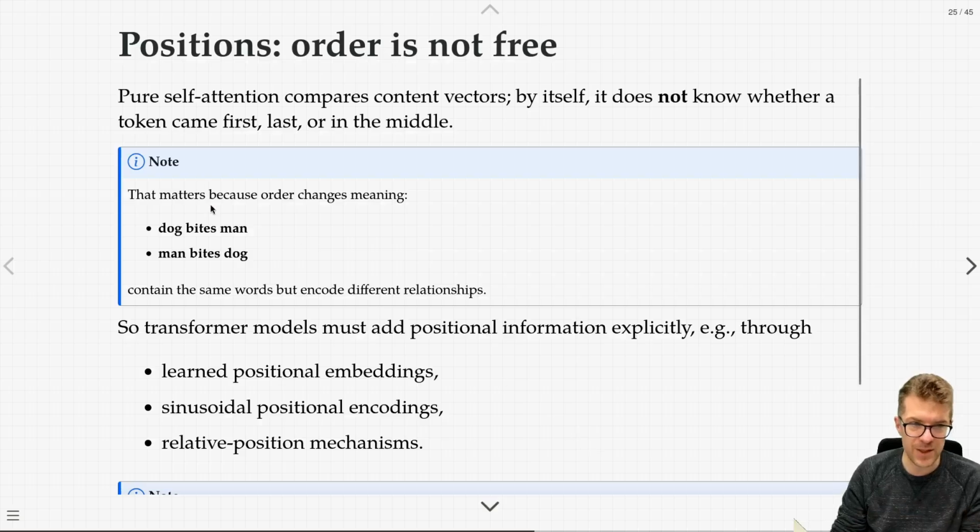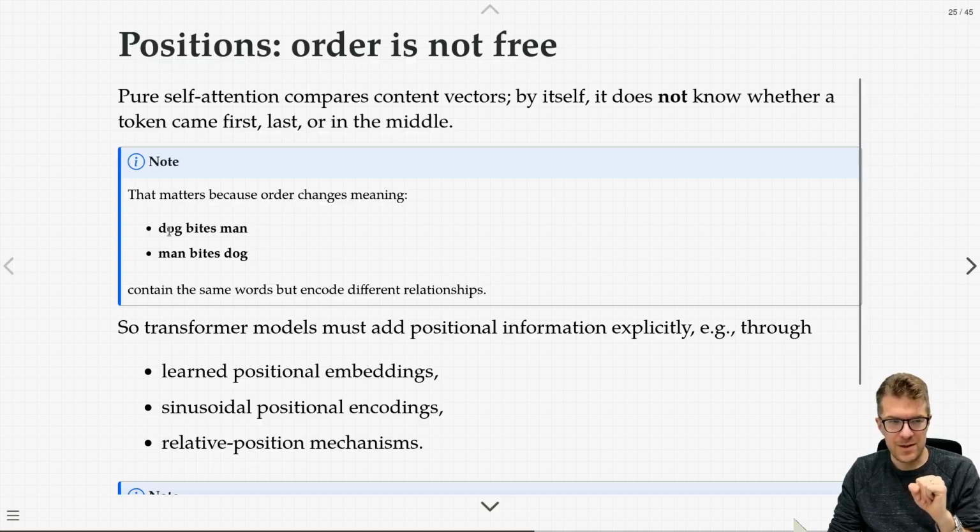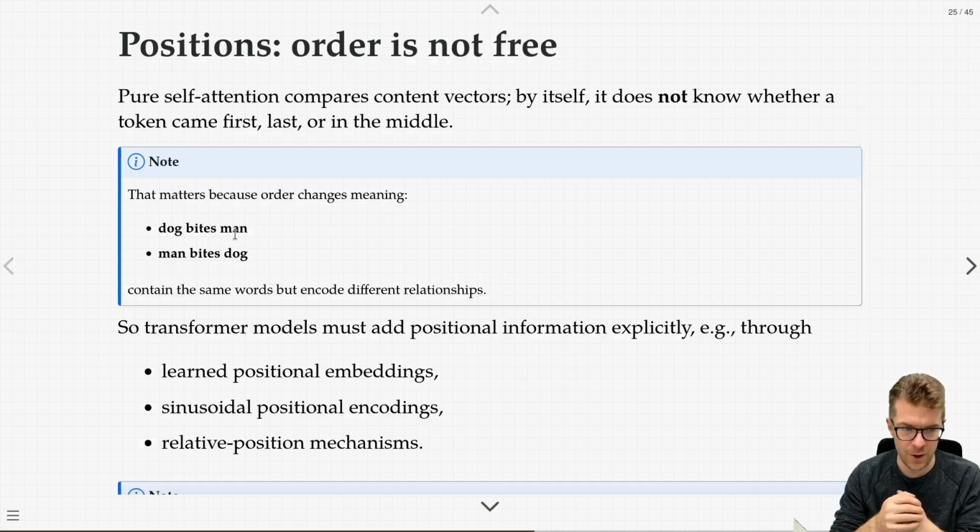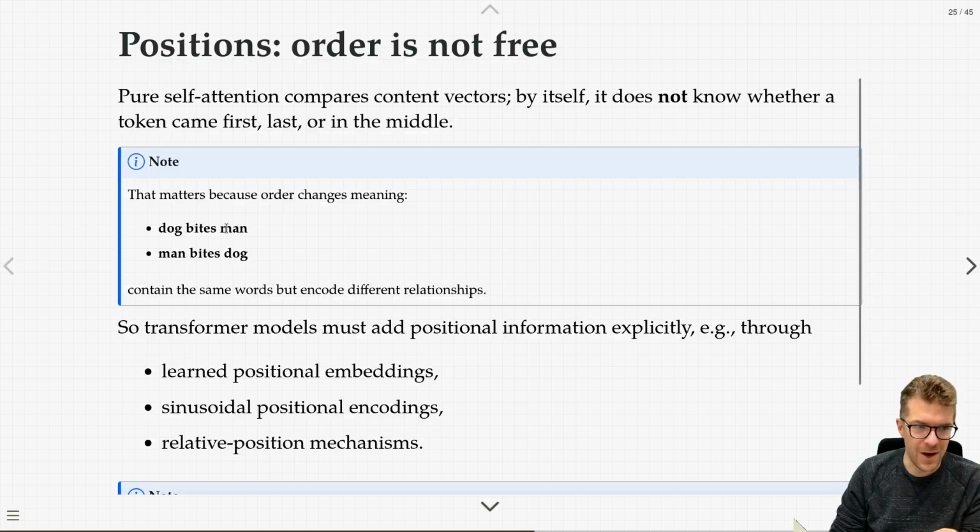Take this very simple example, dog bites man and man bites dog. These are the same three words, just organized in a different order. And the order matters a lot. A dog biting a man has a very different meaning than a man biting a dog.